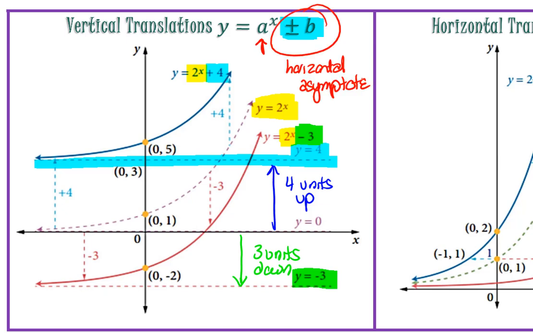Now you'll also notice that key point, (0, 1), is also being translated. So when I moved 4 units up, 1 plus 4 equals 5. When I translated down, 1 minus 3 equals negative 2.